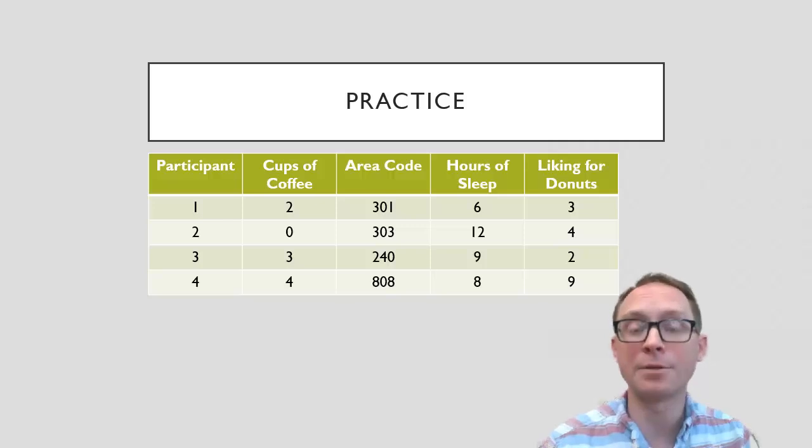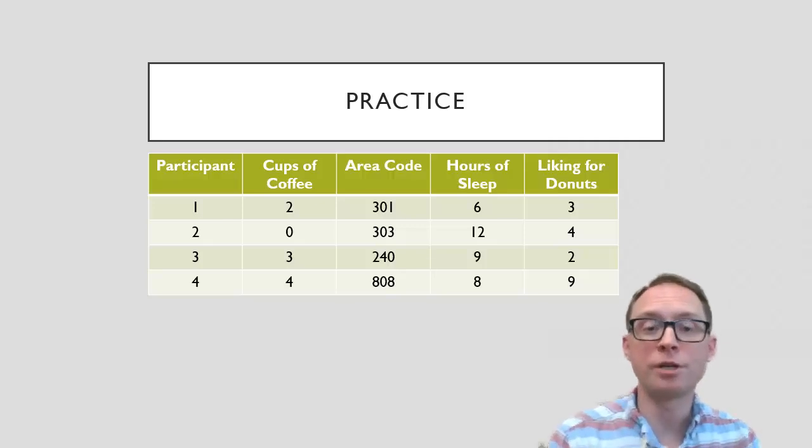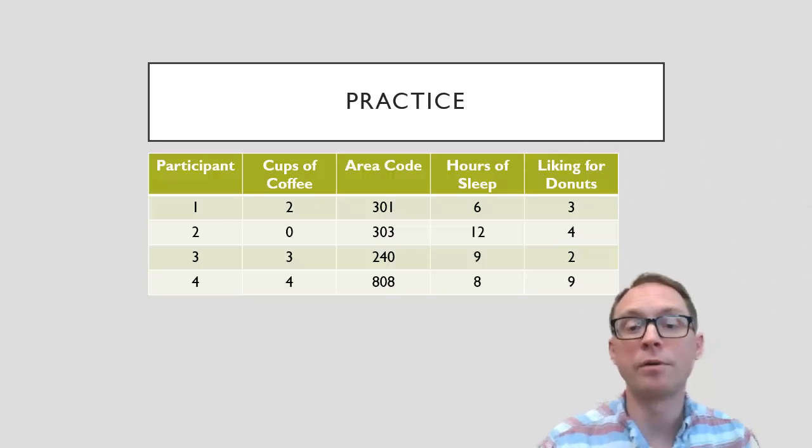So let's say an 8-ounce cup of coffee would be equal, right? In which case 0 means 0 cups of coffee, just in the same way that 0 means 0 hours of sleep, right? And more means more, and the intervals are equal, right? So for the interval for cups of coffee, that's 8 ounces for each interval. And for hours of sleep, that's 60 minutes for each interval. Those are both ratio.